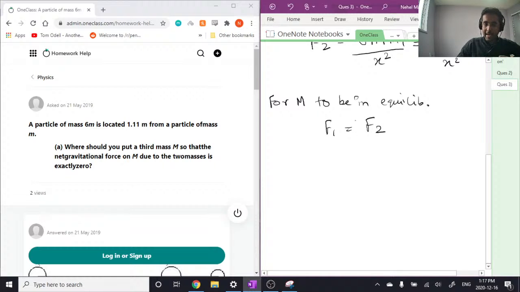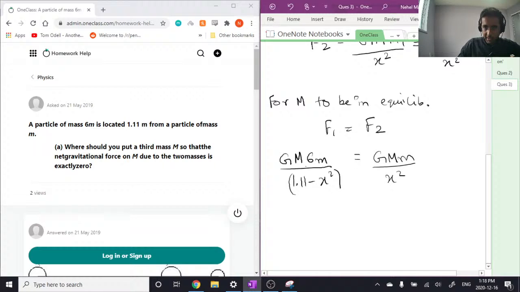So both the forces acting on the mass M will have to be equal. Therefore, we can say that G M 6m over (1.11 minus x) squared is equal to G M small m over x squared.